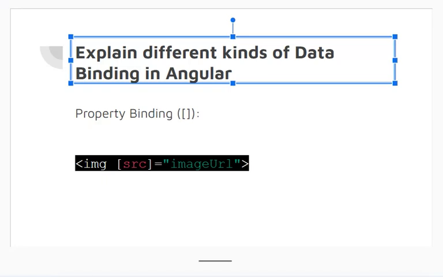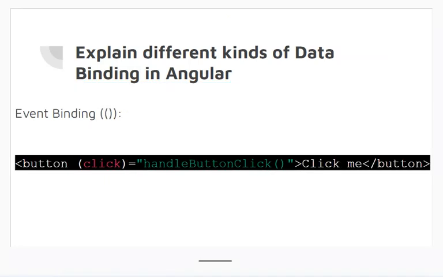Okay, the next is event binding. Event binding is a data binding which is used to respond to user actions. For example, the user clicks on a button and something inside our component code, or inside our models or services, is triggered, or some function is called.